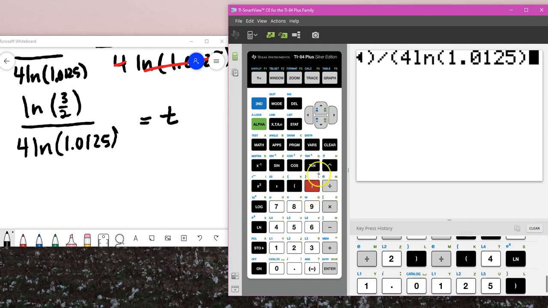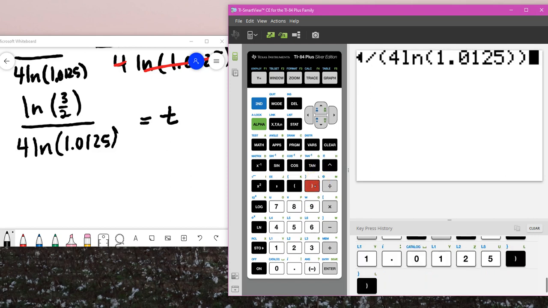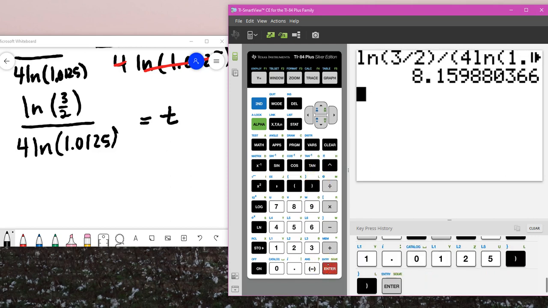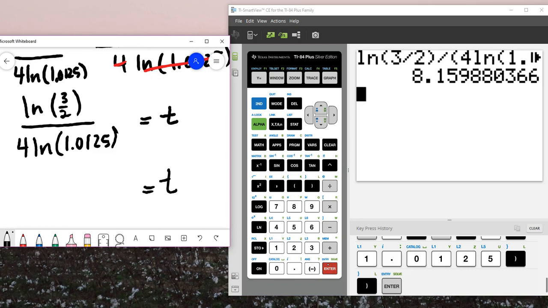Close parentheses for the log, close parentheses for the denominator. And I have that it takes approximately, let's round to 2 decimal places, 8.16 years for my $100 to grow to $150 with 5% interest compounded quarterly.